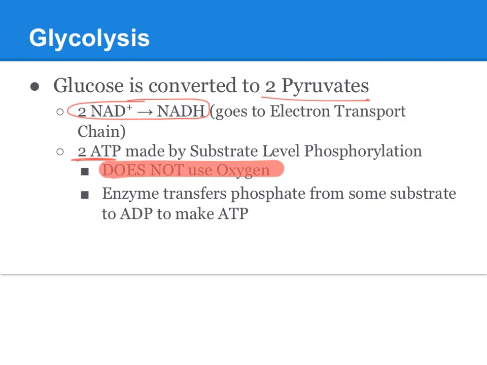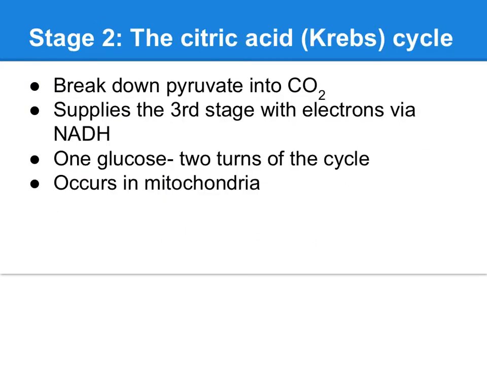All right. So our second step is called the citric acid cycle, or usually called the Krebs cycle. We're going to take those 2 pyruvate molecules, which were the 3 carbon chains, the half of glucose, and break them down into carbon dioxide. So we're basically going to break this 3 carbon molecule into 1 carbon molecules.